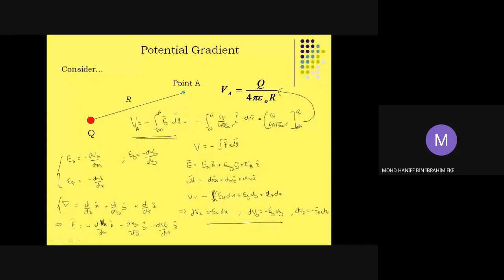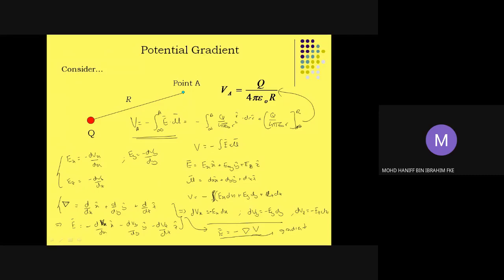Okay, so we can see that we have a del operator, right? And if we combine these two operations here, we can write that the E field can be written as equal to negative del multiplied with V. This operation, where del is multiplied with V, is called the gradient. In simpler words, the E field can be calculated by simply evaluating the negative of the gradient of V, or the gradient of the potential.